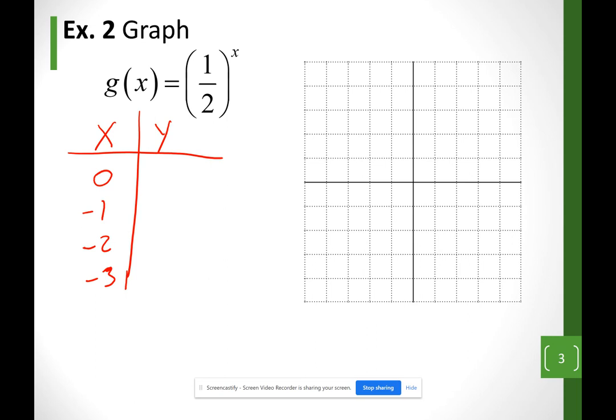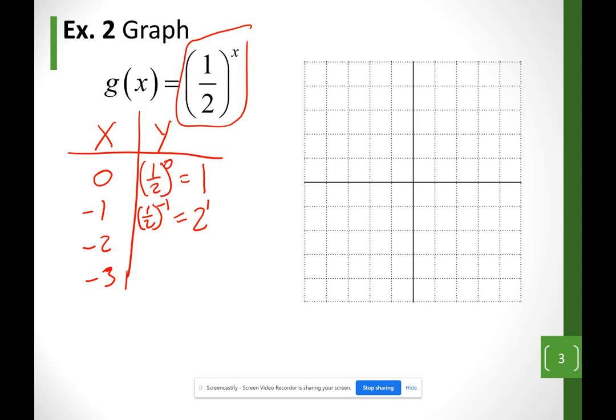For my y value, if x equals 0, I'm looking at 1/2 to the x, 1/2 to the 0. Since my exponent is 0, I get a 1. Now, 1/2 to the negative 1 is the same thing as 2 to the 1.